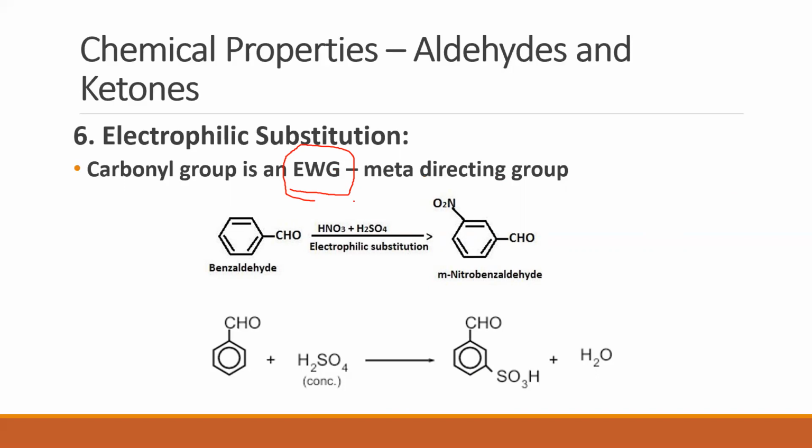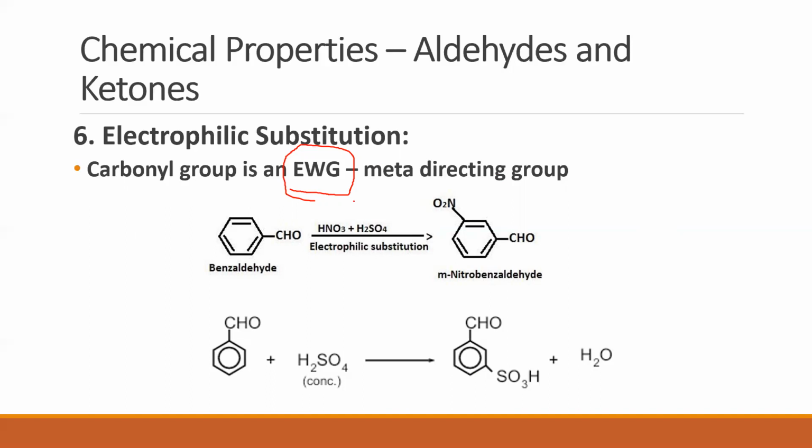And when it pulls electrons from the benzene ring, it pulls more electrons from ortho and para positions. It pulls more electrons from where? Ortho and para positions. Therefore, where is electron density high? Electron density is high at the meta position.